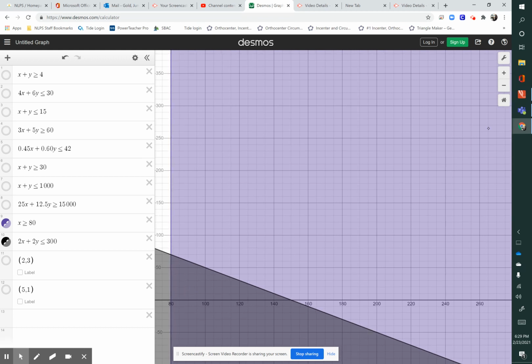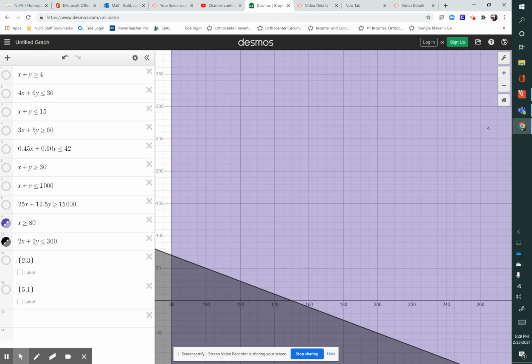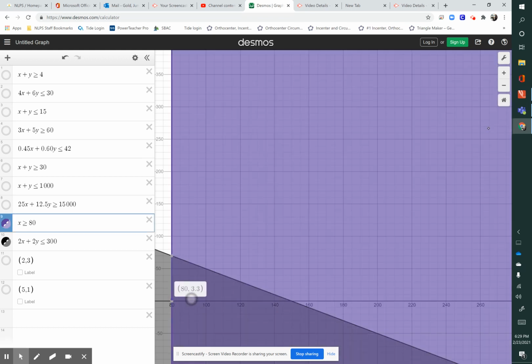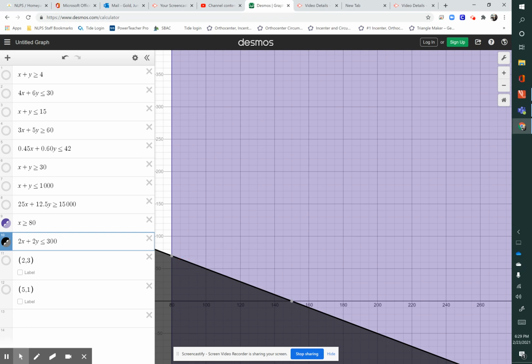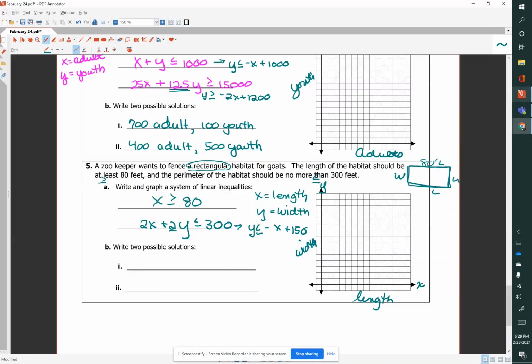He could have a 110-foot length with a 30-foot width right there, 120-foot length with a 20-foot width right there. So anything within that triangle right here is a possible solution.